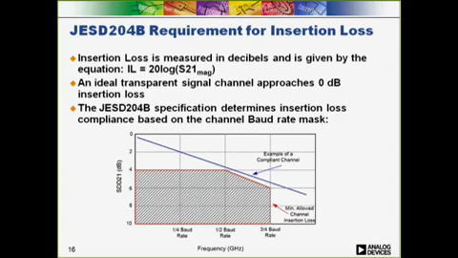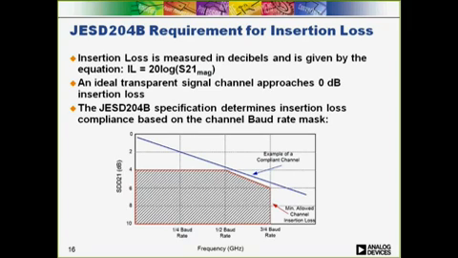Insertion loss is measured in decibels and given by the equation insertion loss equals 20 times the log of the S21 magnitude. Since the log of a value that is less than 1 is a negative value, insertion loss will always have a negative value except in the ideal case where the Vin equals Vout. In this case, the insertion loss would be 0.